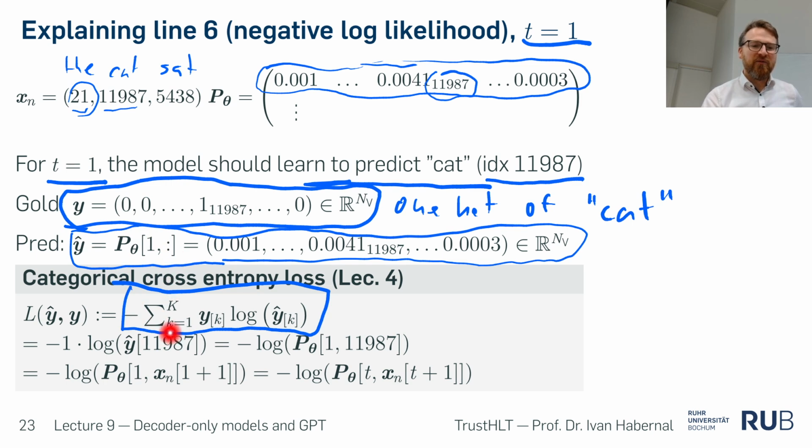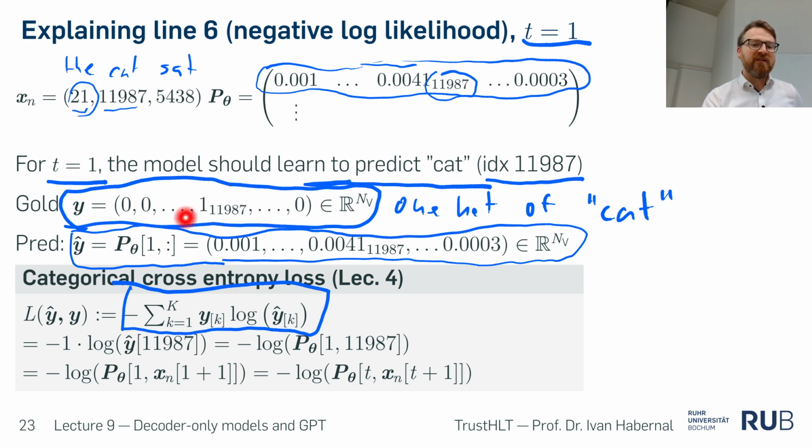Basically, if we run this through cross-entropy, we would have to look into all these positions from 1 to 100,000. But if you look at positions 1 to 100,000, all of them are zeros except for the position of the index of the target word.